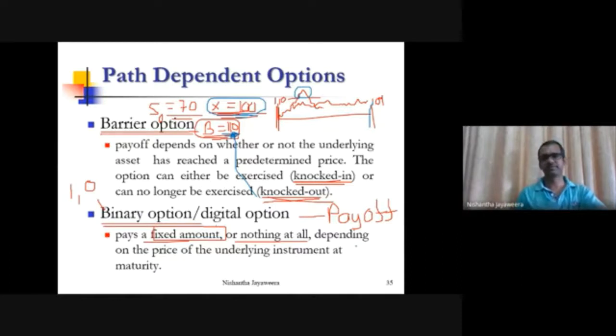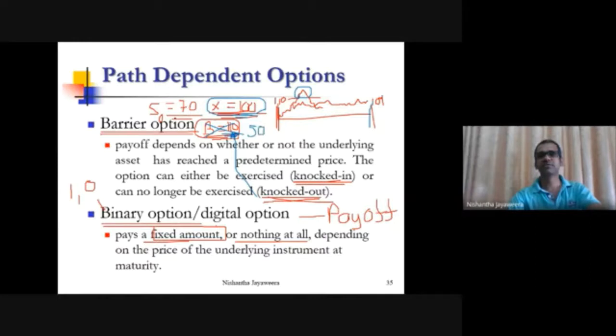That's what happens. In the knocked-in one, it's the other way around. So as the buyer of the option, to become eligible for that claim, the market price should trade at a particular level. It can be a higher level or a lower level. There can be a call option with spot 70 and strike 100. The barrier level may be 50.